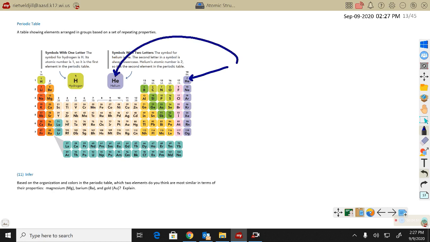Oh, I went on top of it. That's the atomic number. Now, again, they don't show on this particular periodic table, but there's usually two numbers in the box. The atomic number will always be the smaller number.